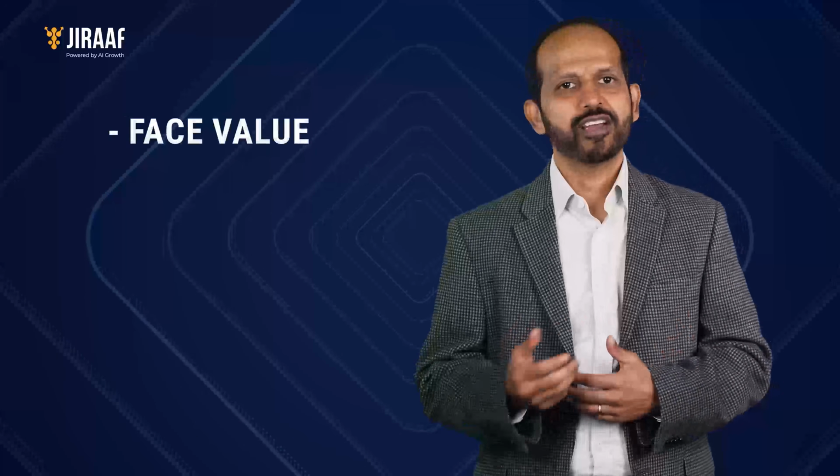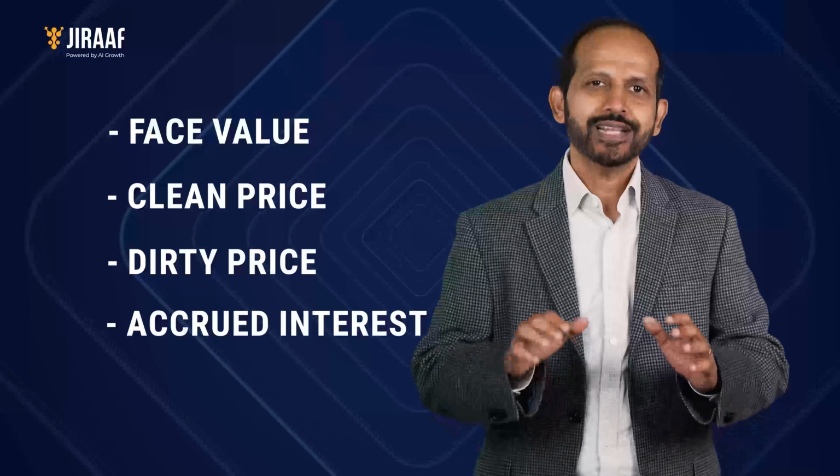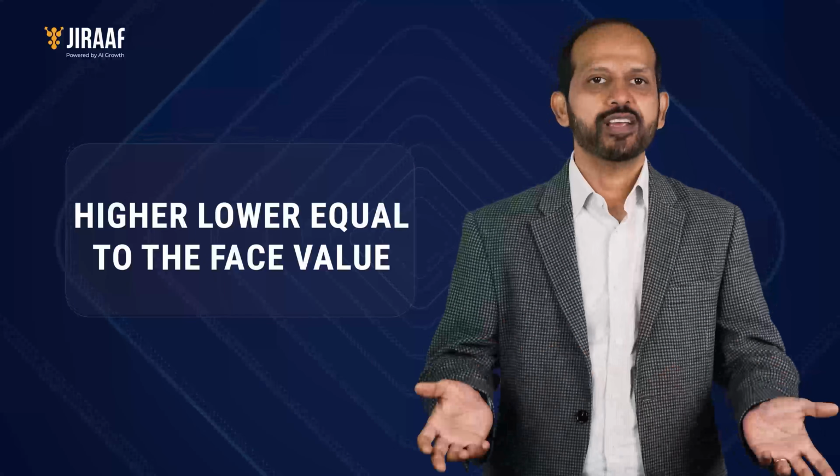So what determines the price you pay for a bond? You might see terms like face value, clean price, dirty price, accrued interest. Let's break them down. The face value is fixed by the issuer, usually 1,000 rupees, 10,000 rupees or 1 lakh. And that's the amount you'll get back at maturity or at different periods of time. But the price you pay today can be higher, lower or equal to the face value.